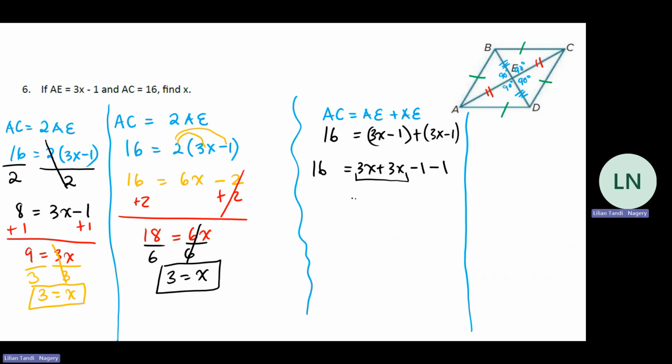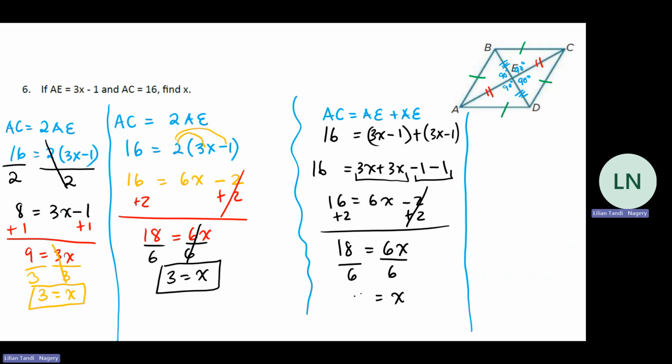This gives us 6x, and this gives us negative 2. Then we add 2 on both sides. This goes away. This gives us 18 equals 6x. Divide by 6, x equals 3.